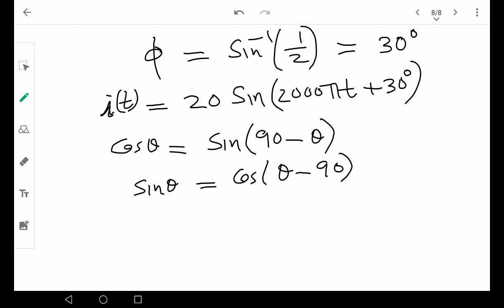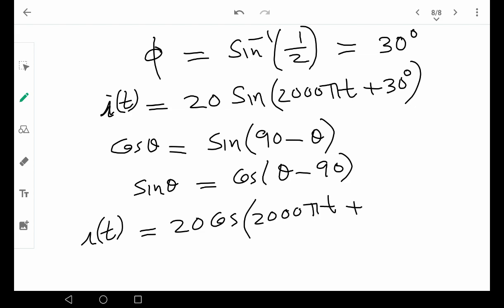So you can write i(t) equal to 20 cos(2000 pi t plus 30 minus 90).